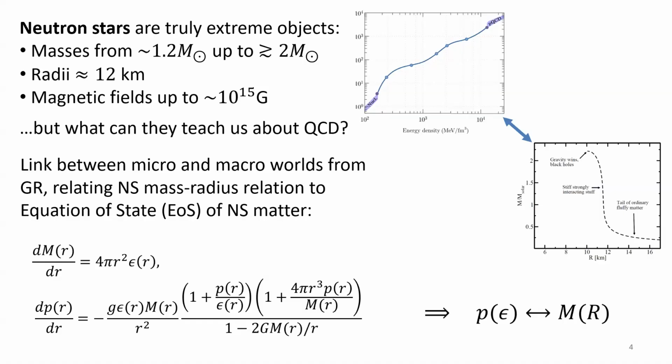Or conversely, if we're able to perform many very precise, simultaneous measurements of the masses and radii of individual neutron stars, so that we would be able to kind of observationally track this curve, we would be able to reverse engineer these TOV equations and obtain a unique, well-defined equation of state.